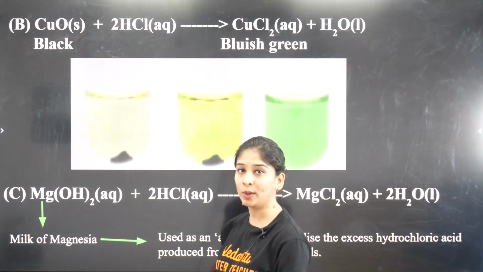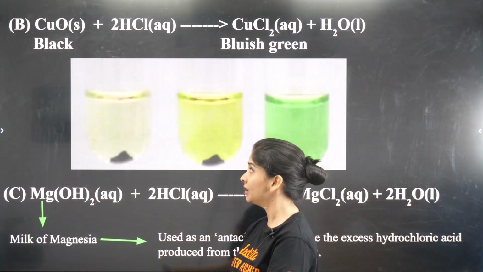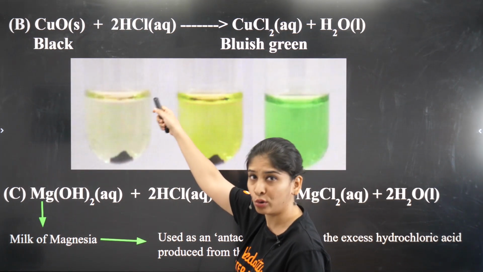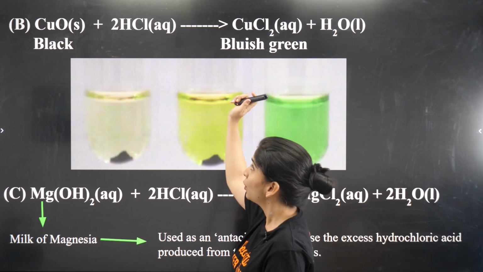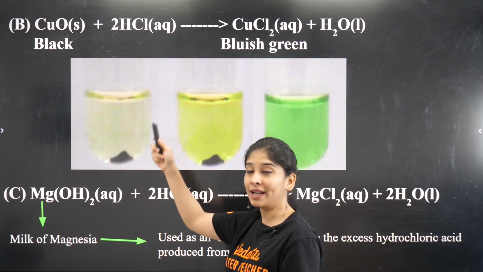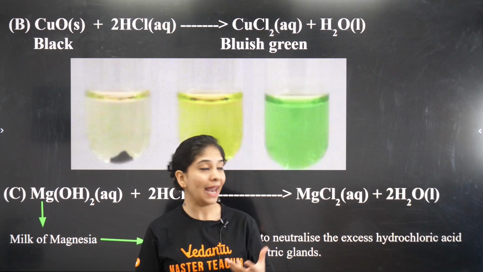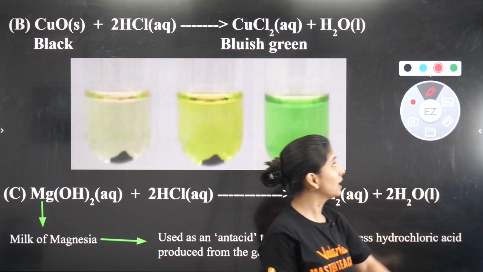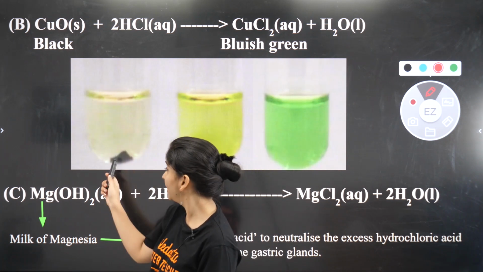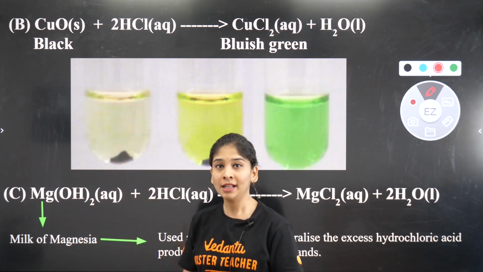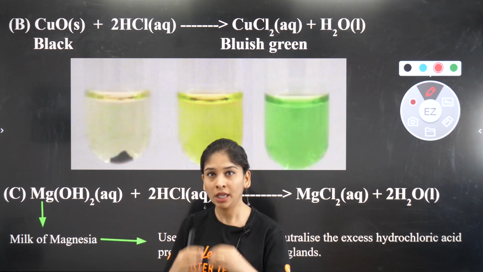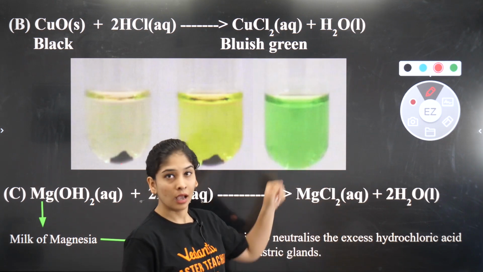Let's move ahead with more examples of those reactions. One we are already done. Simultaneously I took copper this time, copper oxide with HCl. Copper oxide is basically black in color, so I took black color powder and added it to dilute HCl. Suddenly after some time the color of the reaction is going to change. Why?